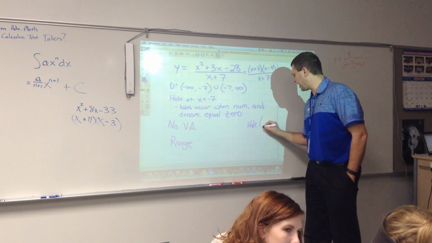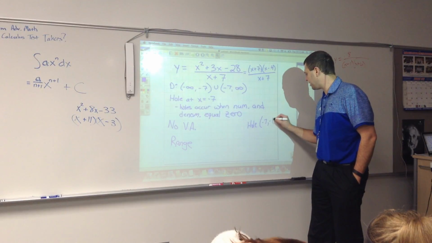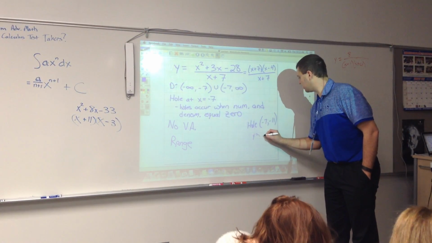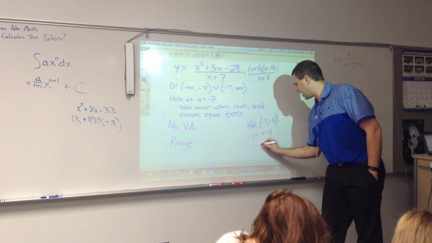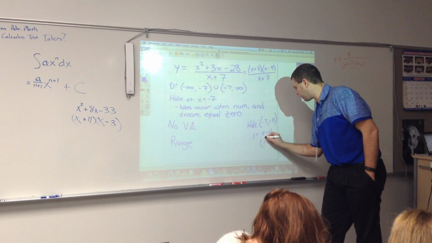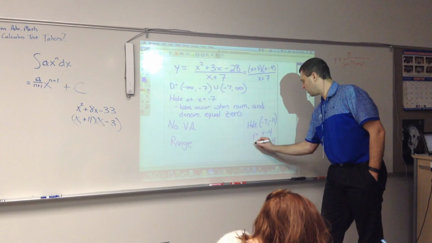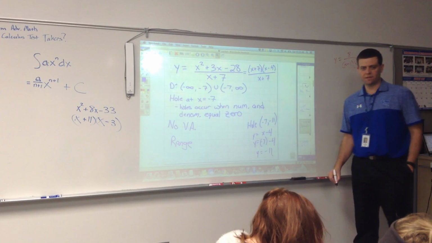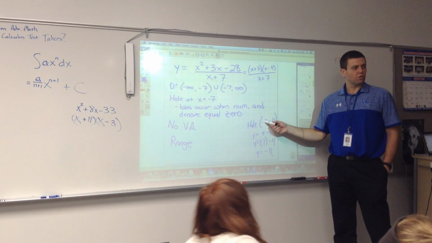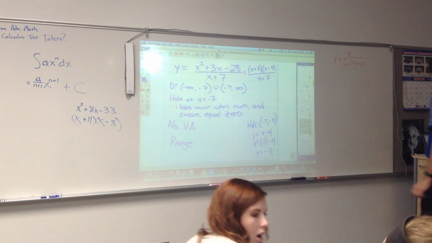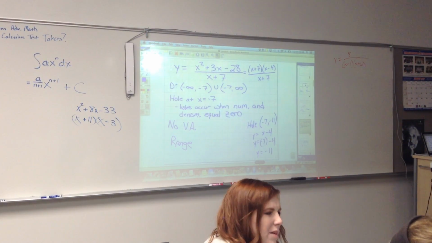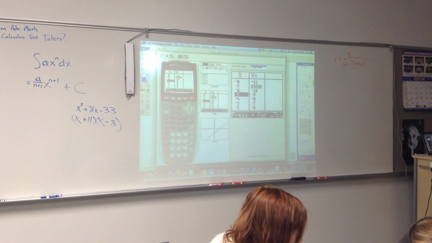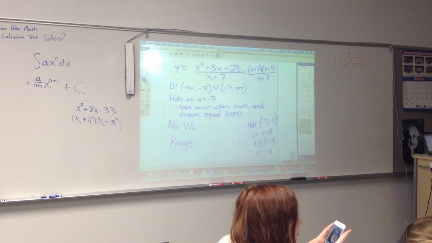That hole is located at negative 7 comma negative 11, because y equals x minus 4, and if I plug in negative 7 for x, what do you get for y? Negative 11, right? So that means this graph touches every y value except what? Negative 11. So what is my range going to be?